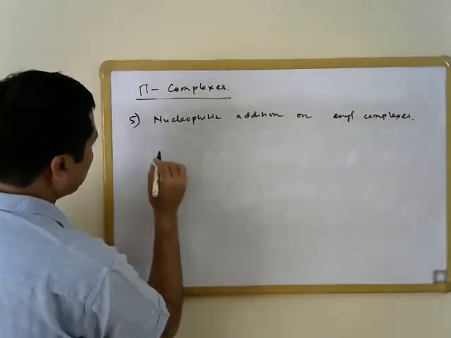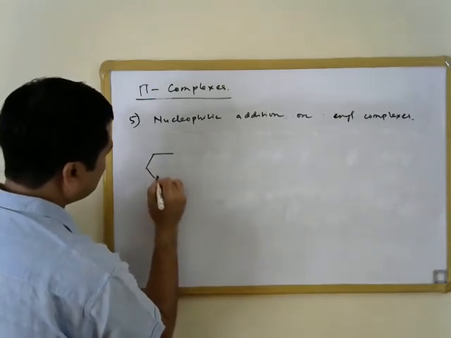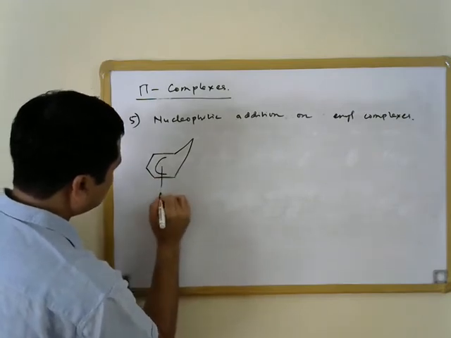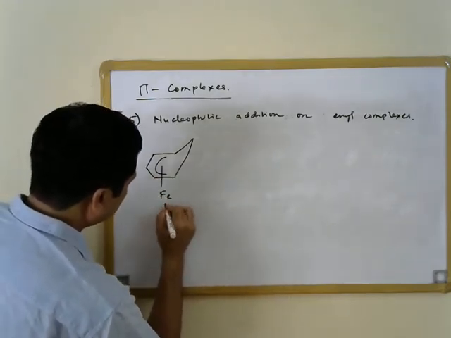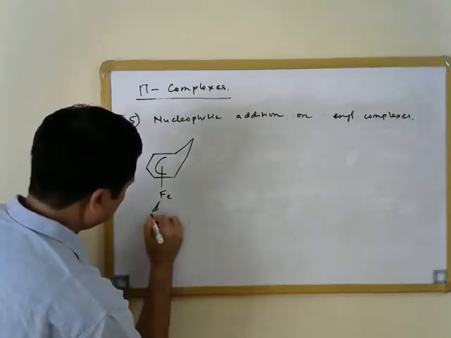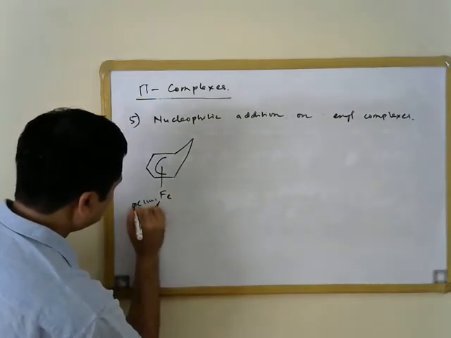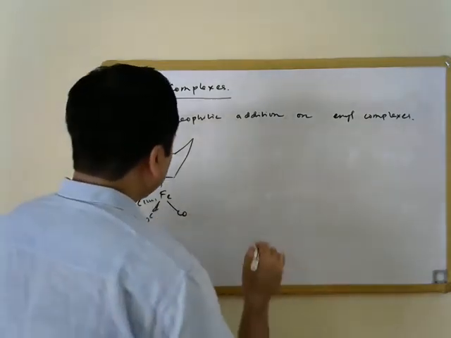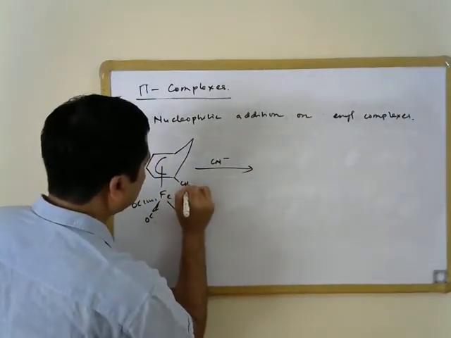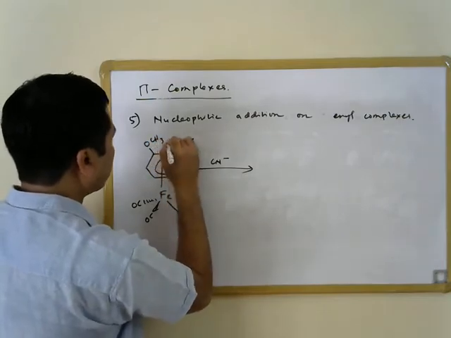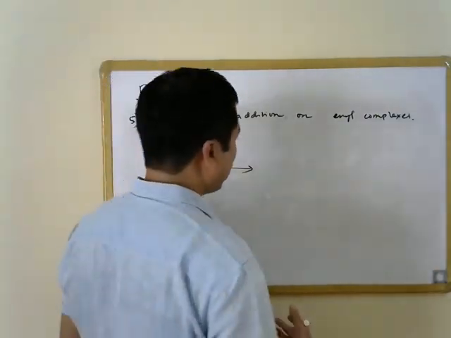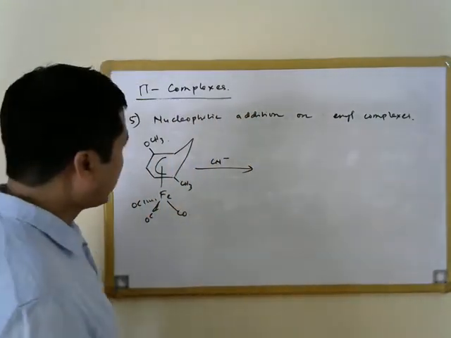So if you take a metal enyl complex and then do nucleophilic addition, that is, there is CH3 over here, there is OCH3 over here, and nucleophilic attack is going to take place on the enyl ligand, and it will transform into an olefin ligand essentially.